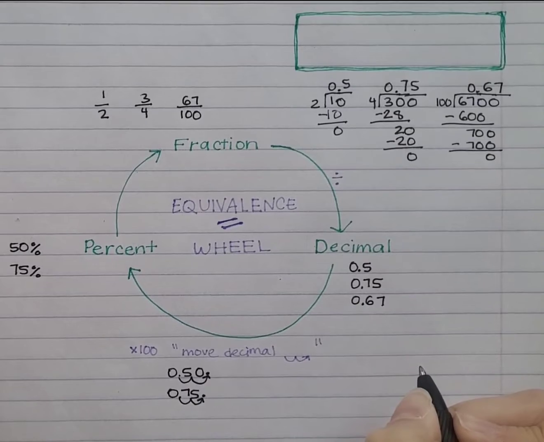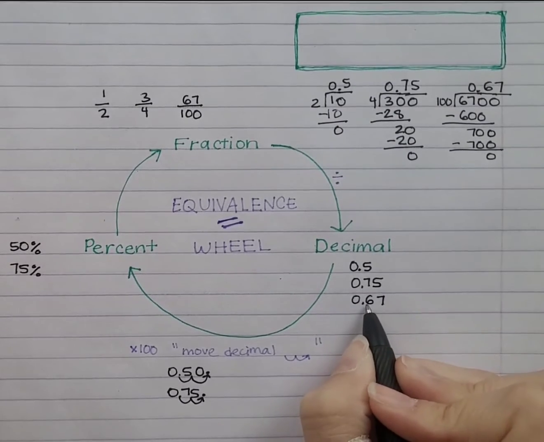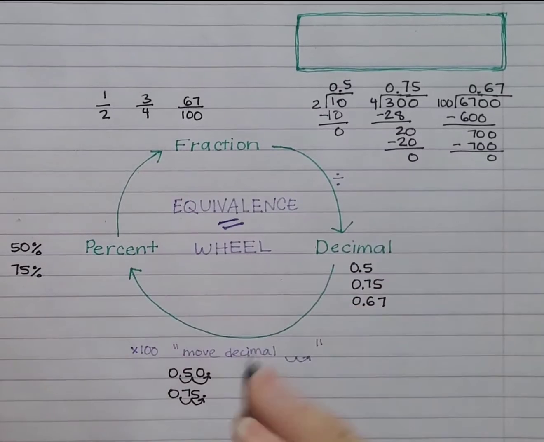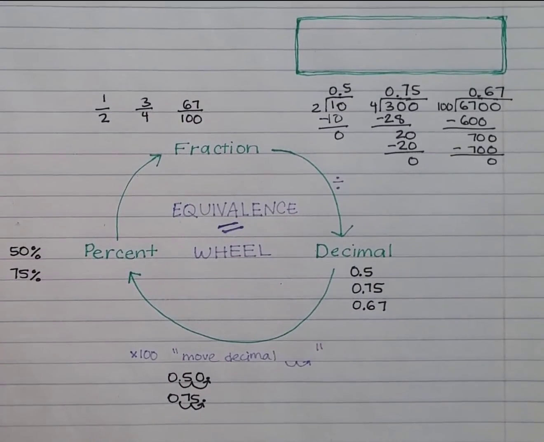Our decimal is 0.67. Let's stop real quick right here. 67 was the same number we had up here, 67. That brings us to our little cheat.